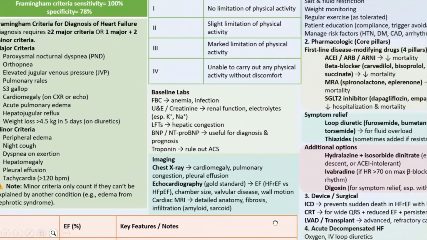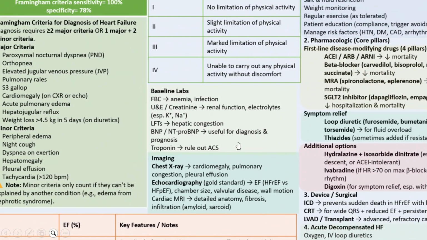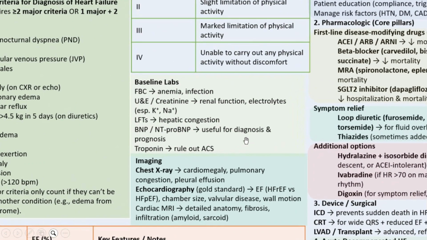So in someone with heart failure, we want to do some baseline labs. We can do a full blood count, maybe check, is there anemia, is there an infection? We can do urea and electrolytes or creatinine, because that could give us an image about the renal function, is the potassium okay, is the sodium okay? Because potassium is one of the electrolytes that affect the heart a lot.